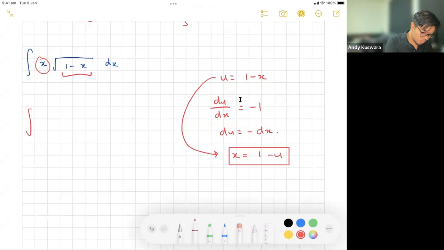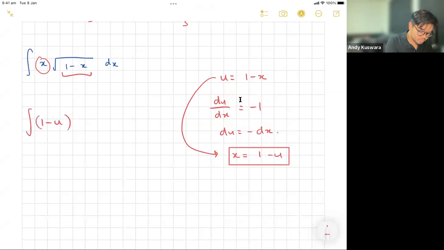Okay, so this is 1 minus u. And 1 minus x is just going to be u to the power of a half. And then du is the same thing as negative dx. So I want to write this as du, but I'll need to take a negative out the front.